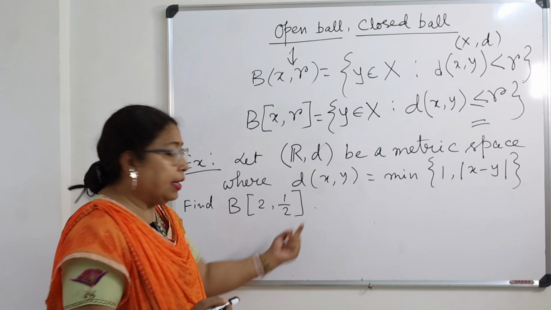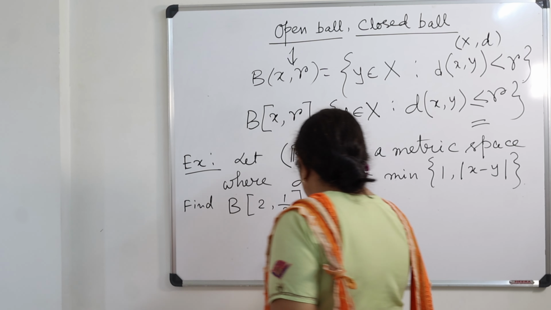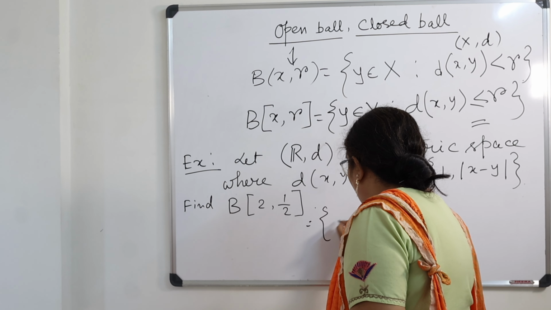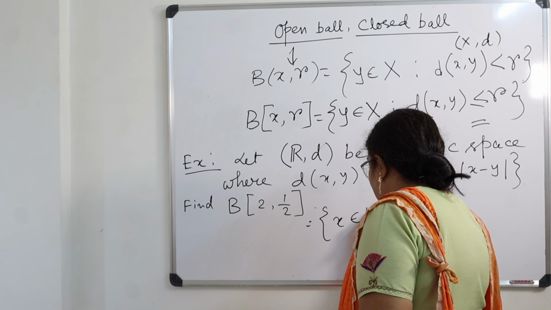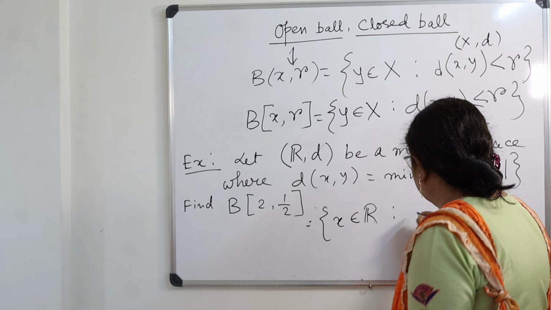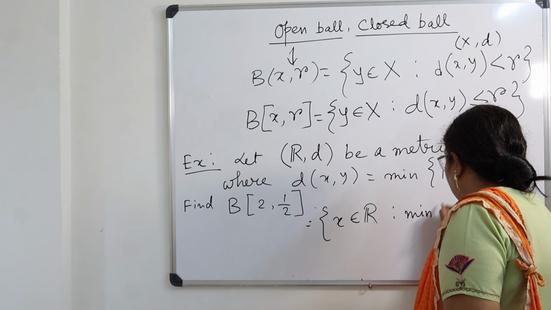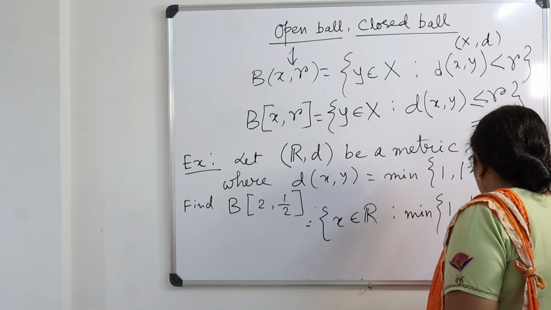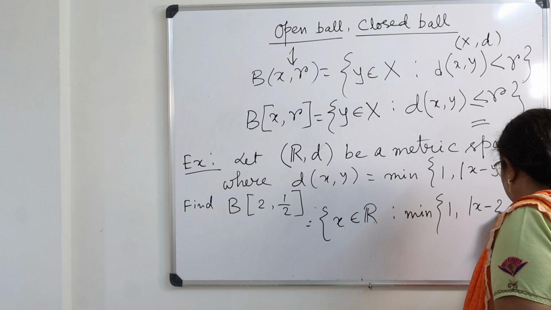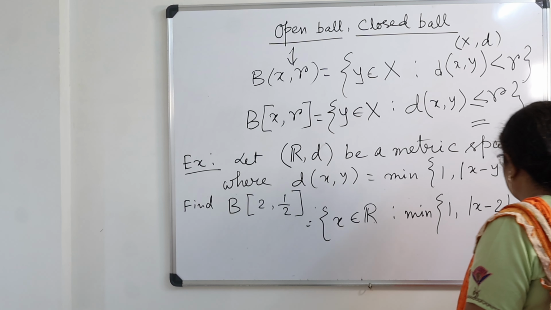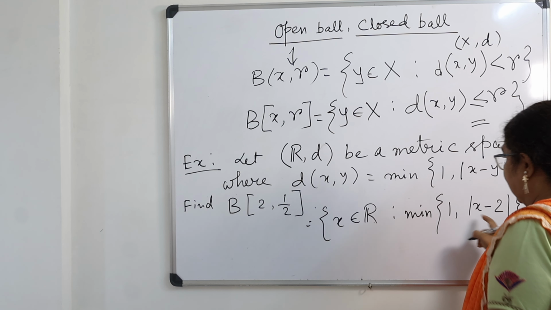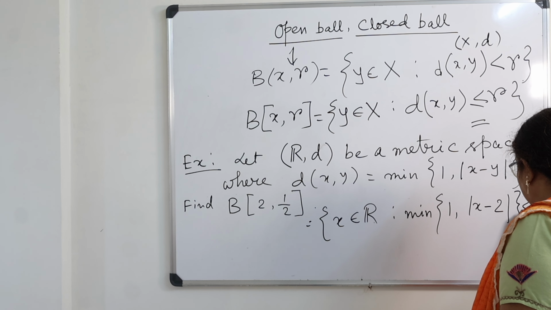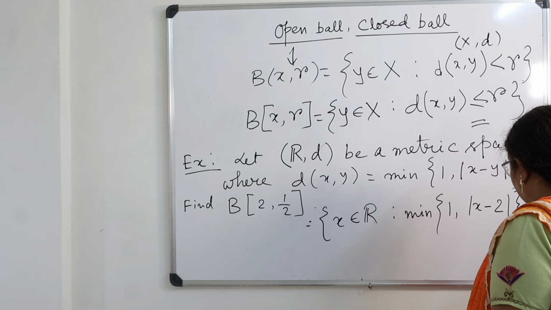Now what is the meaning of this? This means all those x in R for which minimum of 1 and mod of x minus 2, where 2 is the center, this distance is less than or equal to half.